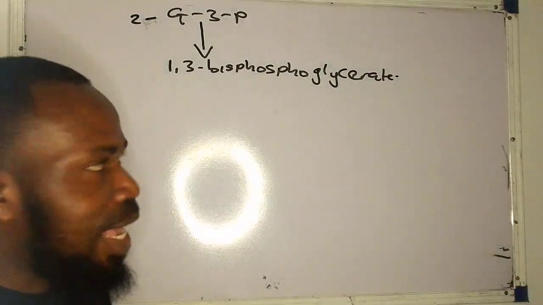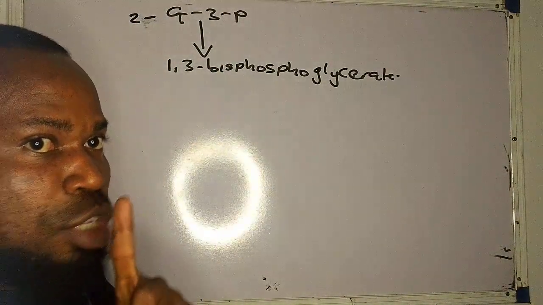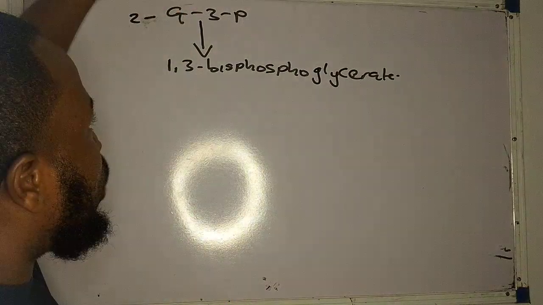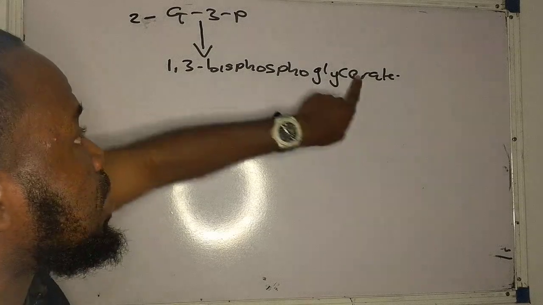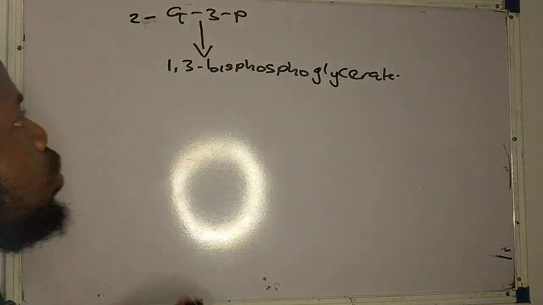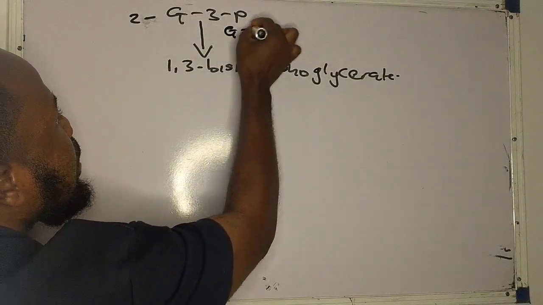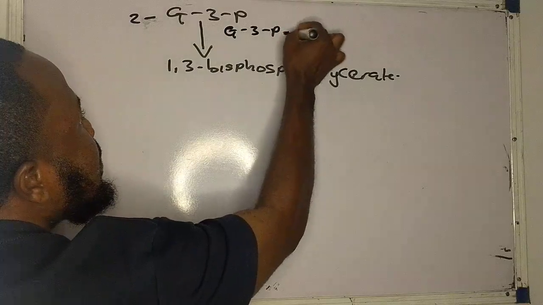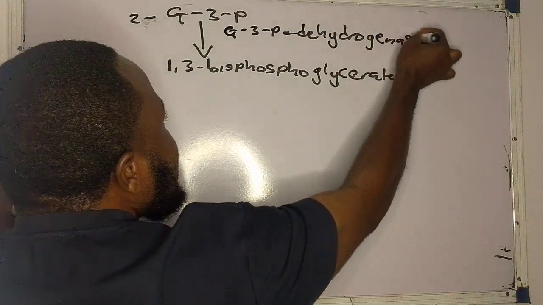Now, which enzyme catalyzes this reaction? And this reaction is a redox reaction, that you must put at the back of your mind. The conversion of glyceraldehyde 3 phosphate to 1,3-bisphosphoglycerate is a redox reaction, and it's catalyzed by glyceraldehyde 3 phosphate dehydrogenase. Now this is the enzyme.